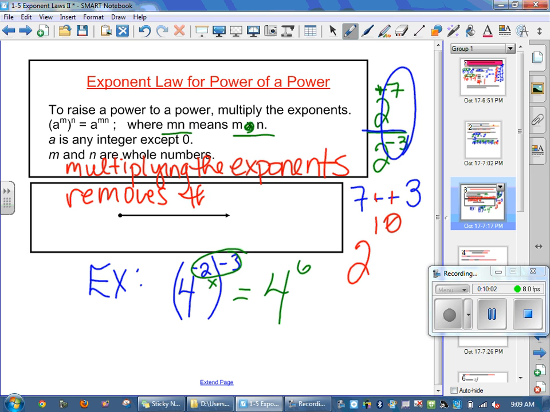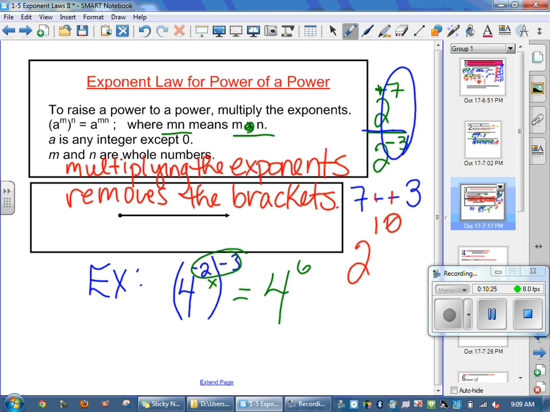We can't forget that because that helps us simplify sometimes. Unless there's another bracket separating a negative sign, which sometimes we see. So when we multiply that outside exponent in to the other exponents inside, it's going to make the brackets disappear.